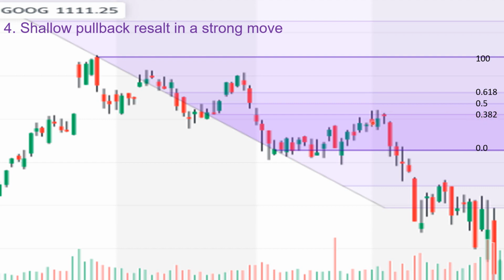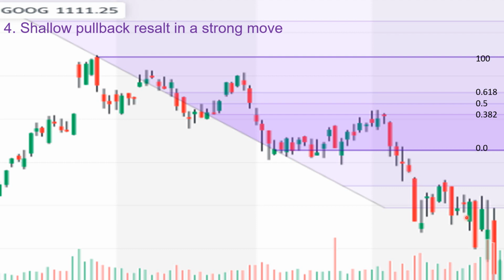So we conclude that the pullback is a shallow pullback, and we expect a strong downtrend move. As you see here, the trend fell down strongly and made a sell-off.